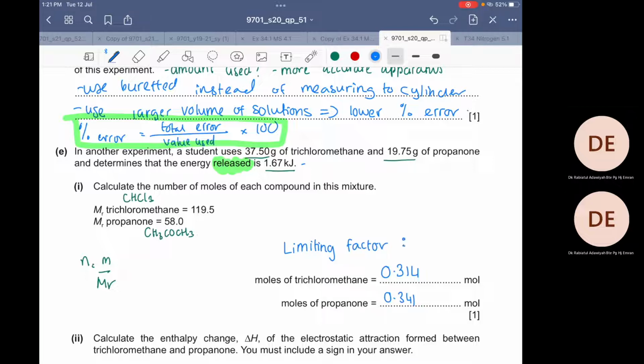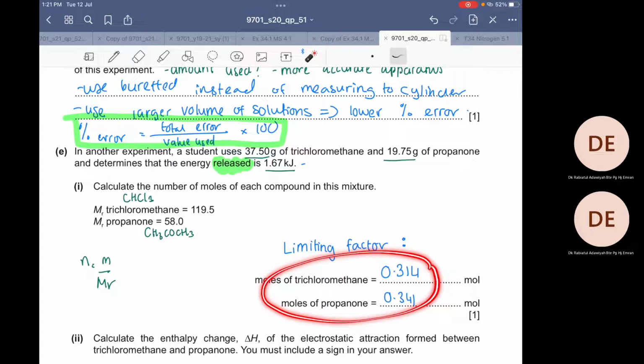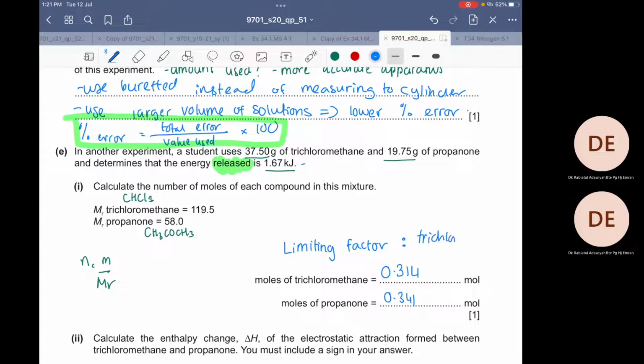Since they react in a one-to-one ratio, one molecule of trichloromethane would form a bond with one molecule of propanone. Which one is the limiting factor here? Trichloromethane, usually the one with a smaller amount or the smaller number of moles. So your limiting factor is trichloromethane.